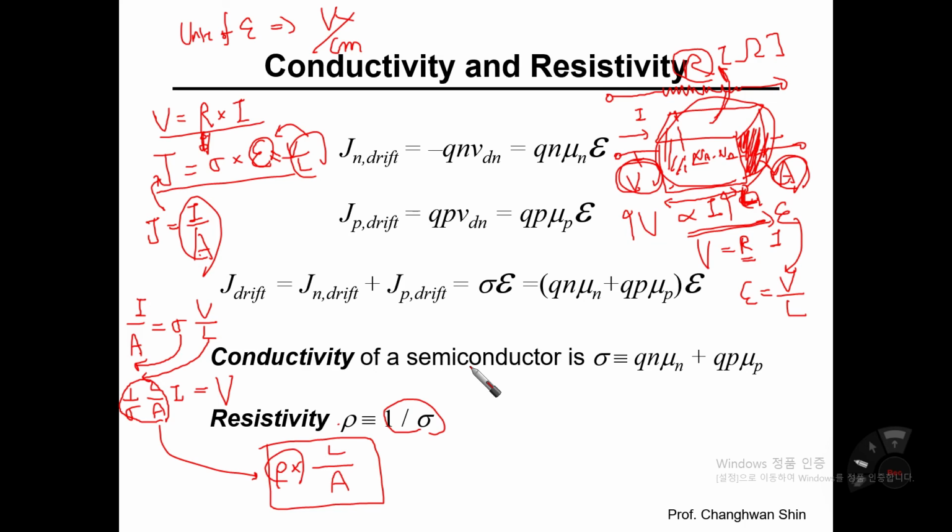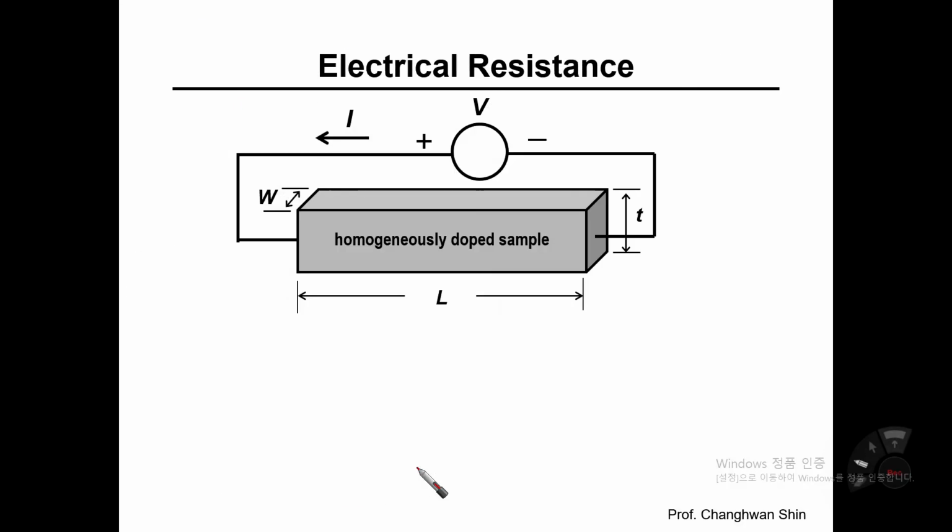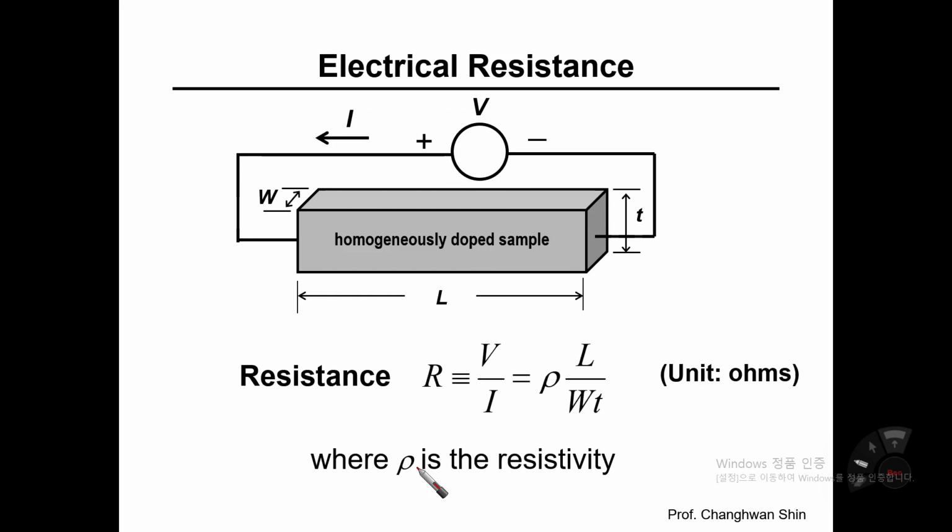Resistivity means this chunk of silicon material has its own resistivity. And L is a geometrical parameter, how long it is, and A means how wide it is. Okay, so that is defined as resistance. And actually, we're gonna study this resistance here.